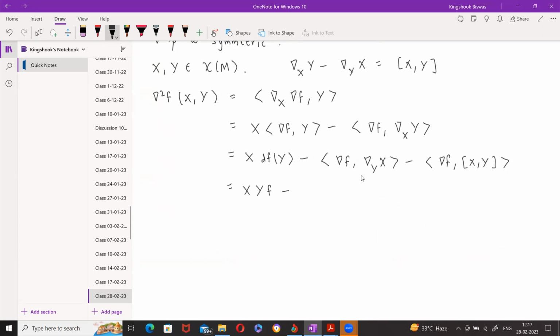And then grad f acting on the bracket [X,Y] is df acting on [X,Y], which is the bracket [X,Y] acting on f. And then I have this other term, grad f with nabla_Y X. What is the bracket [X,Y]?